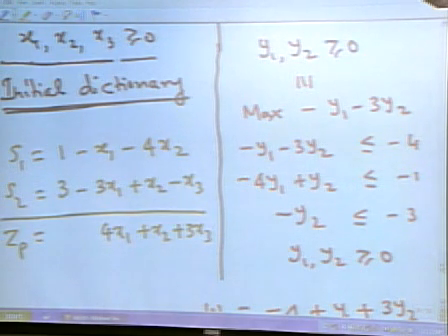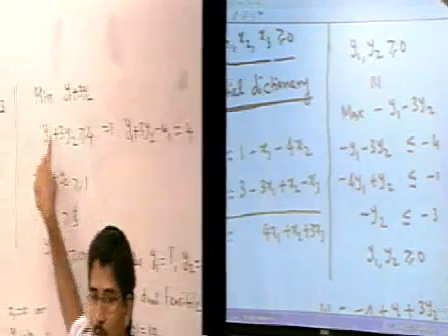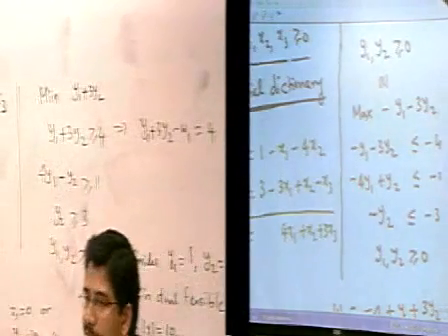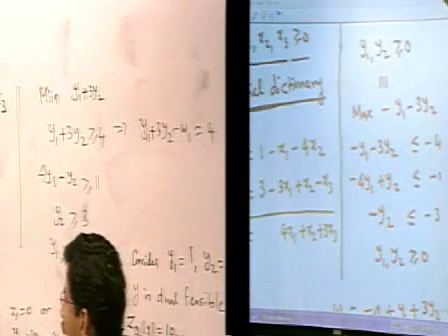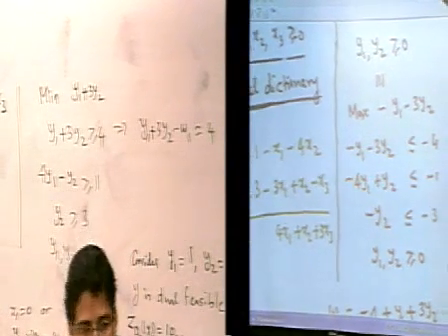Now the dual problem is written here. But remember that we do dictionaries only for maximization problems with equality constraints. So the first thing I want to do is convert the dual into a maximization problem with less than or equal to constraints. How do I do that? Well, minimizing y1 + 3y2 is the same as maximizing the negative of that. And I multiply all the constraints by -1, and I get those constraints. Now I can write down the initial dictionary fairly easily.